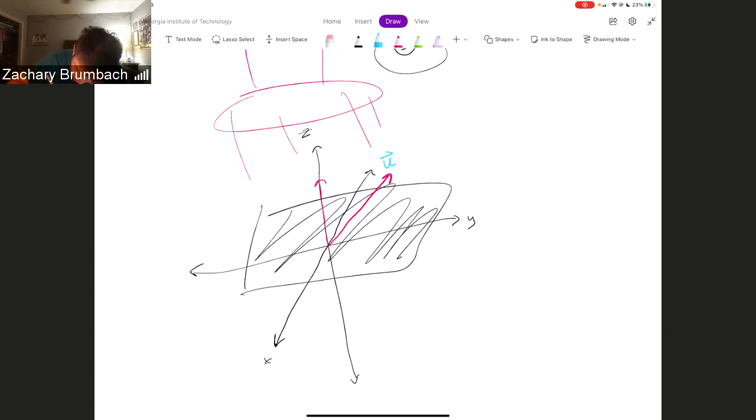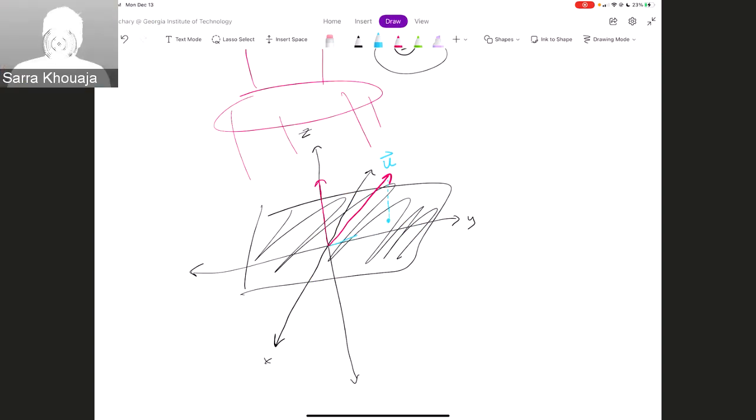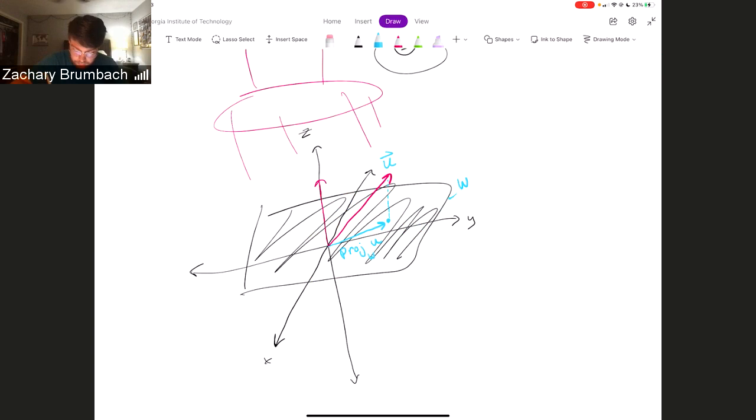We draw a line straight down until it hits the plane, and then we just draw from the origin to there. So this is the projection of u onto our plane w. That's what this notation means. And this is the orthogonal component, the part that sticks straight up, okay? This only makes sense if we're talking about a space or a subspace, right?